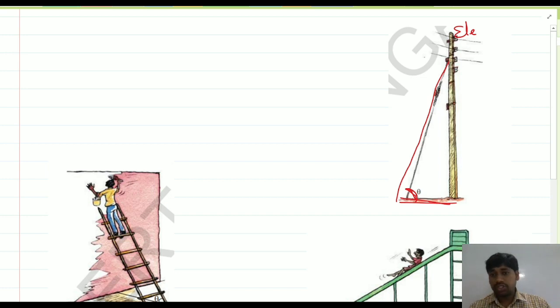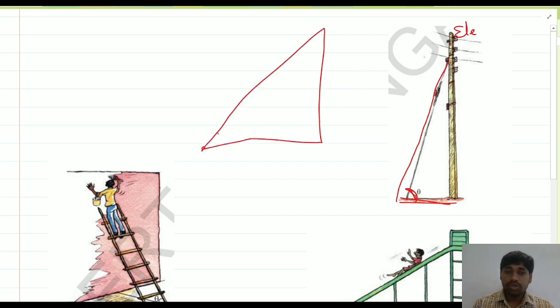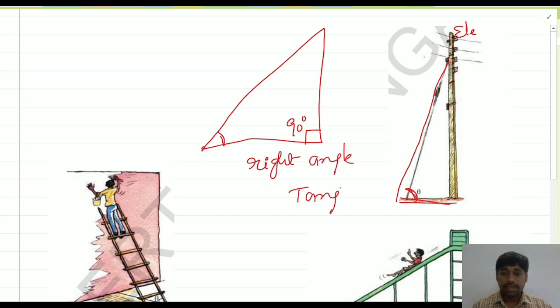The pole is a straight line, and from the base, some distance away, one rope is tied, so it makes an angle. At the ground and the pole it makes 90 degrees, so it is nothing but a right angle triangle.